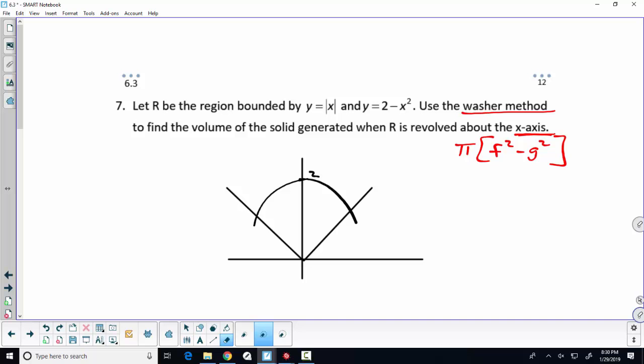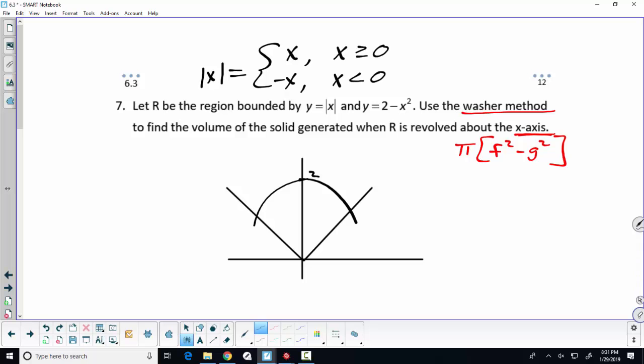The regions that were negative, we just put a negative in front of. It's the same idea here. This function is really this function. Depending on what side of the y-axis we're on, we have two different functions we're looking at. That really is the absolute value function. So that's one of the key ways to break this problem apart.